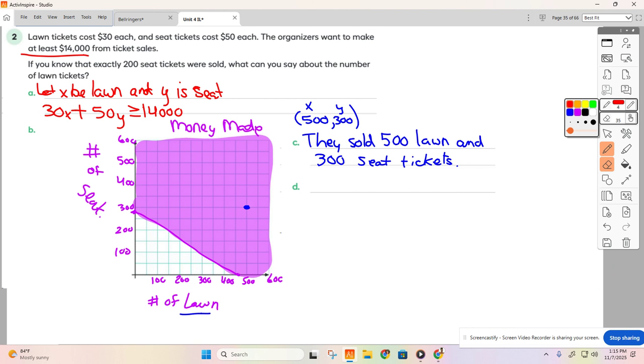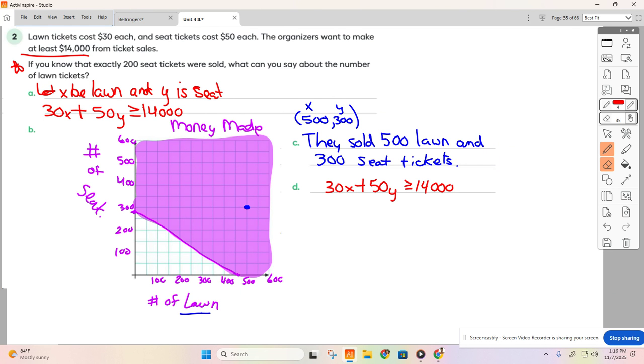Now this last one is a little bit trickier because we're not talking about the total number of tickets, we're talking about the total amount of money. So for part D, it's asking, if you know that there were 200 seat tickets sold, what can you say about the number of lawn tickets? So I'm gonna go back to my inequality, which was 30x plus 50y has to be greater than or equal to 14,000.